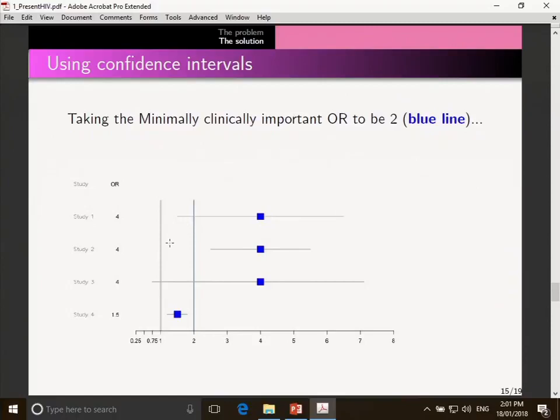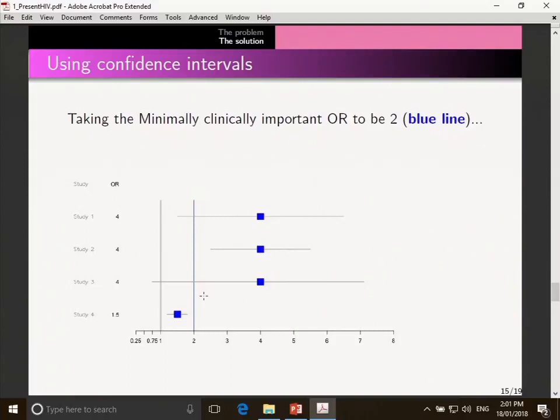In the second study, we don't have this problem. What we can say here is the full range of viable values for the odds ratio are all clinically important.